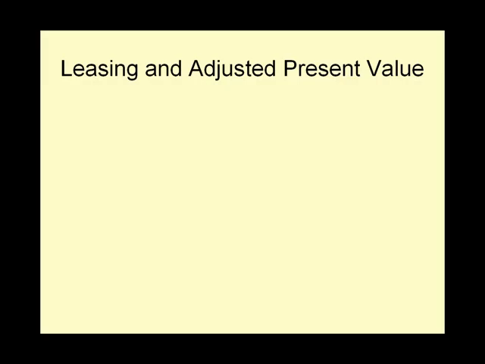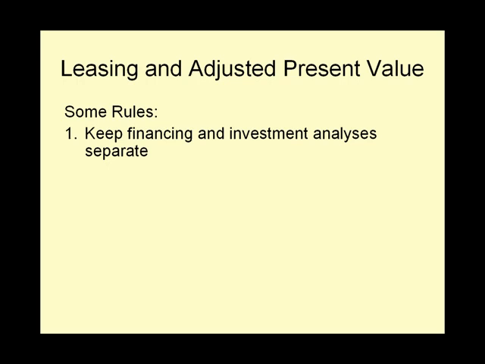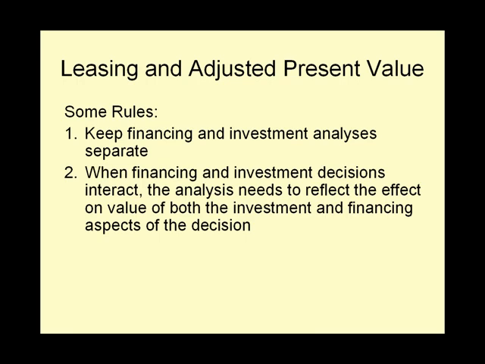Next, let's consider leasing and adjusted present value. Here are some important rules. In general, we want to keep financing and investment analyses separate. But when financing and investment decisions interact, the analysis needs to reflect the effect on the value of the firm of both the investment and the financing aspects of the decision.